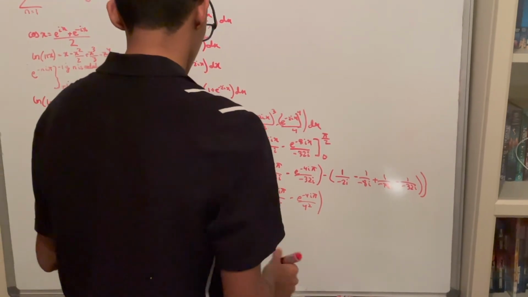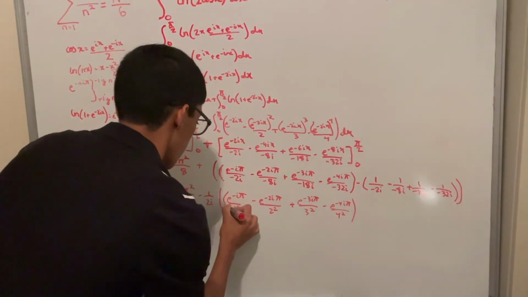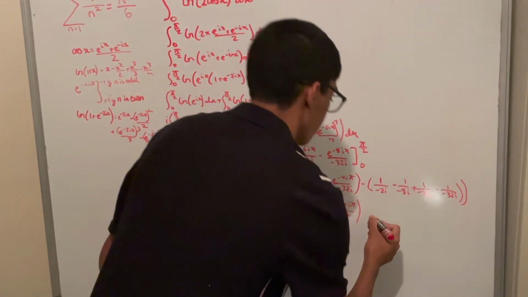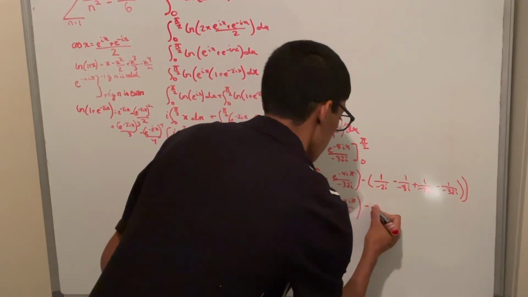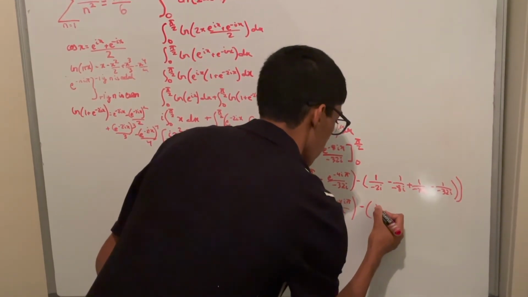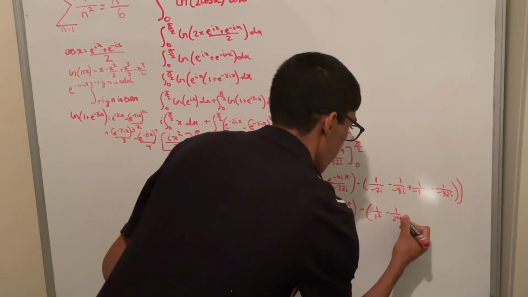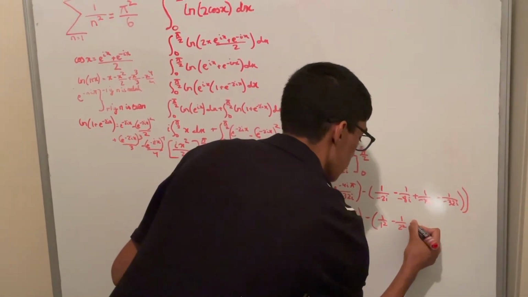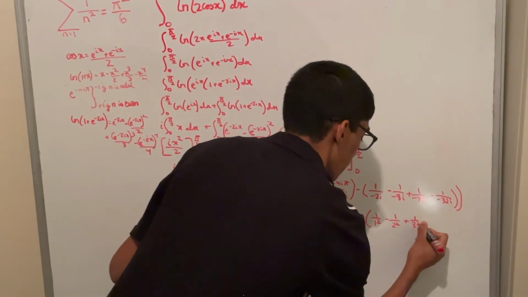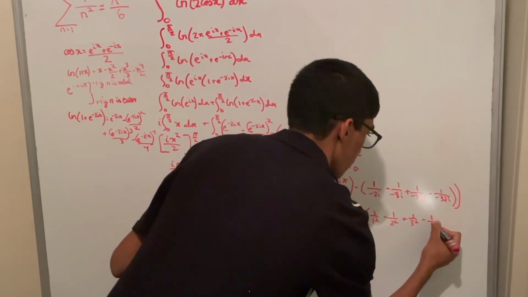And we have minus 1 over 1 squared minus 1 over 2 squared plus 1 over 3 squared minus 1 over 4 squared.